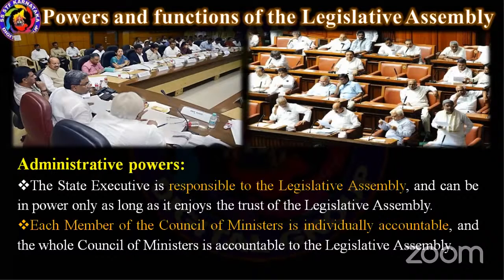That leader's name is sent to the governor. The governor appoints that leader as the chief minister of the state, and the chief minister then forms the council of ministers according to their experience, education, and knowledge.